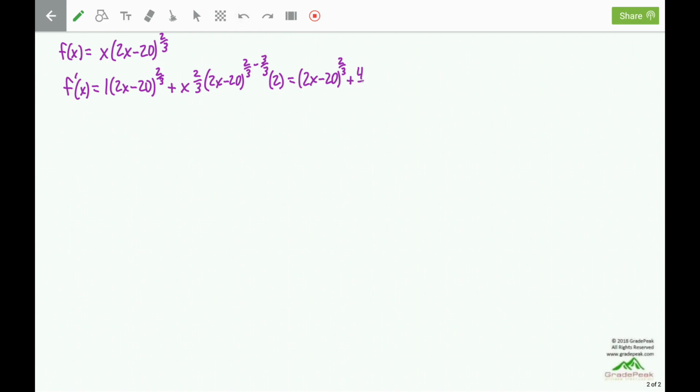So it's a plus 4/3. We have an x. And then we have (2x minus 20) to the 2 minus 3, negative 1/3 power.